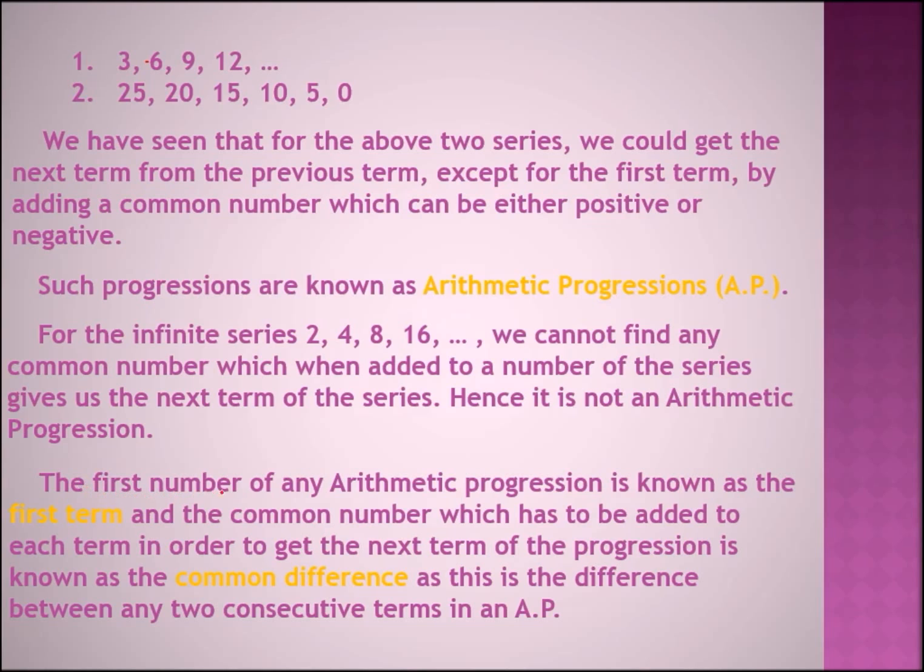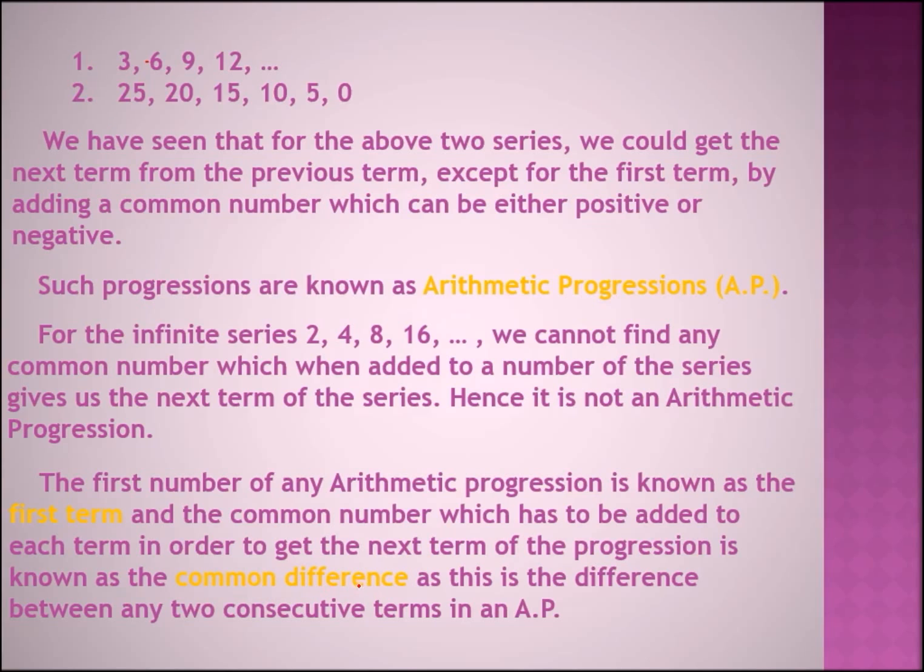The first term of any arithmetic progression is known as the first number, that is 3 or 25. The first number of any arithmetic progression is known as the first term. And the common number which has to be added to each term in order to get the next term of the progression is known as the common difference.